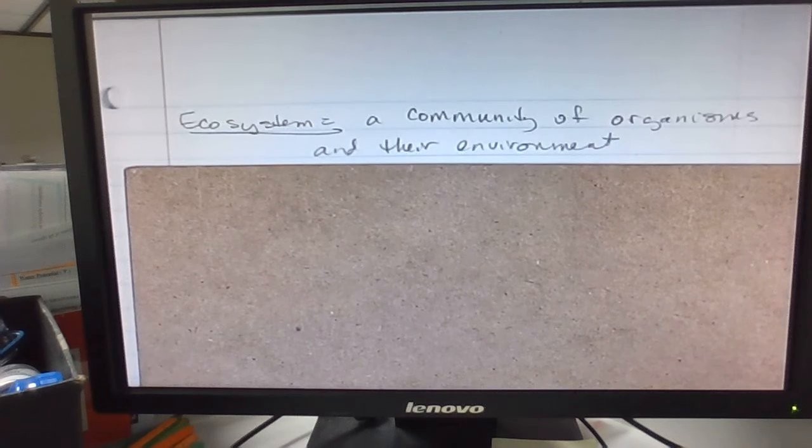All right, now I'm on the right-hand side page. The first term that we need is ecosystem.